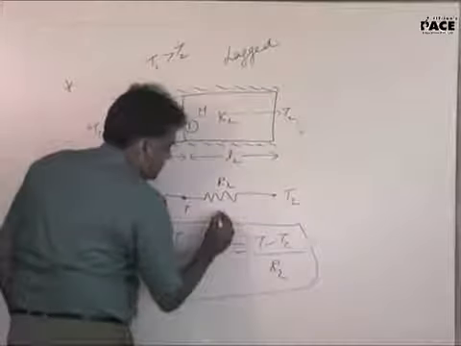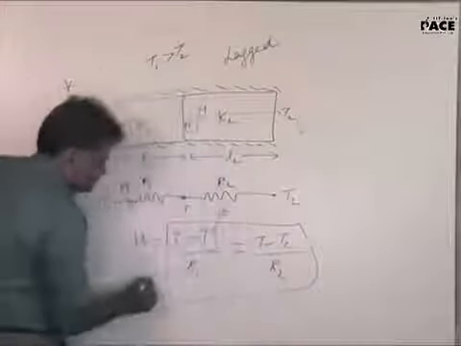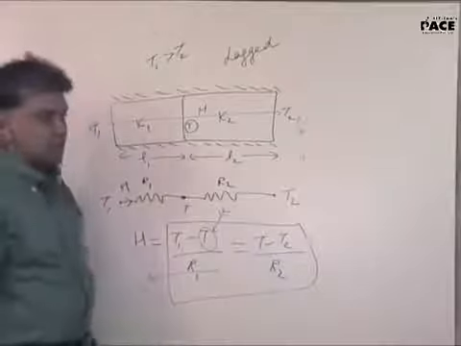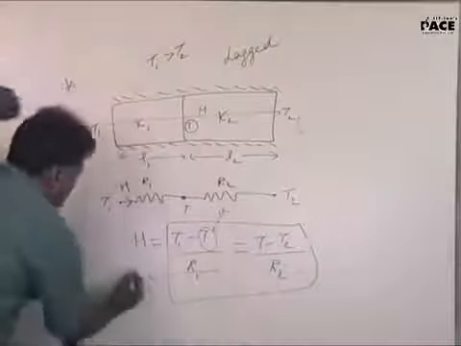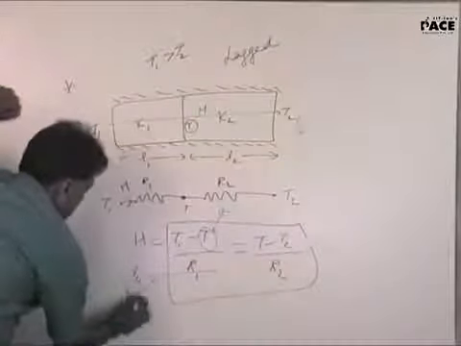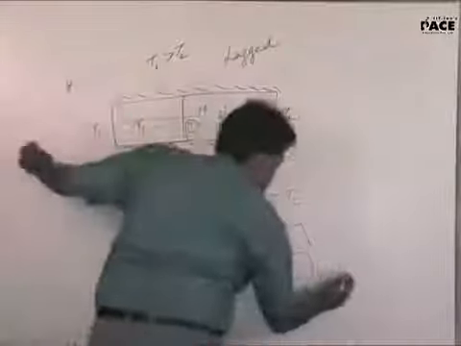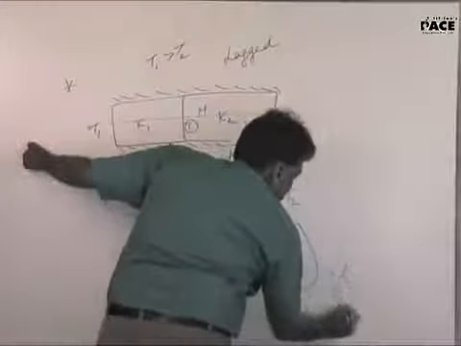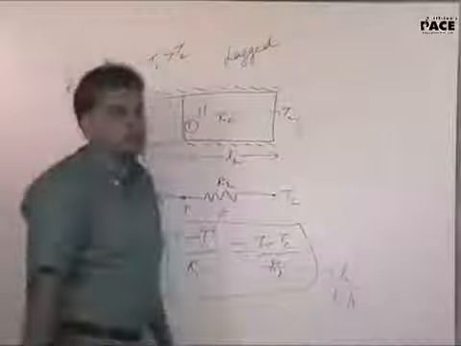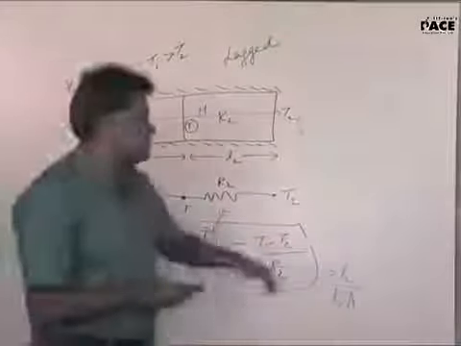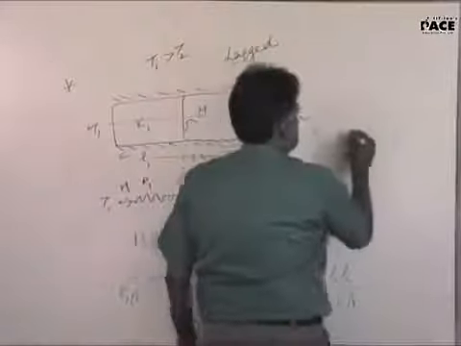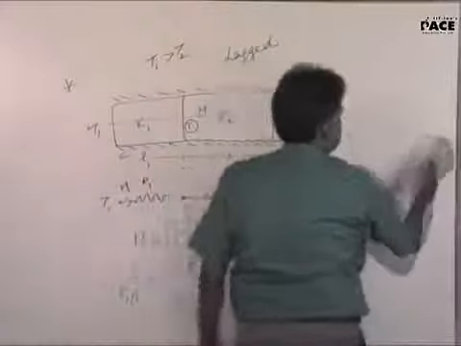Before that we'll have to get R1, R2. What is R1? Delta X by KA. In this case it will be L1 upon K1A. In this case it will be L2 upon K2A. So just cross multiply, let me know what is T. That's your answer. T equals? T1 L2 plus T2 L1 by L1 plus L2.